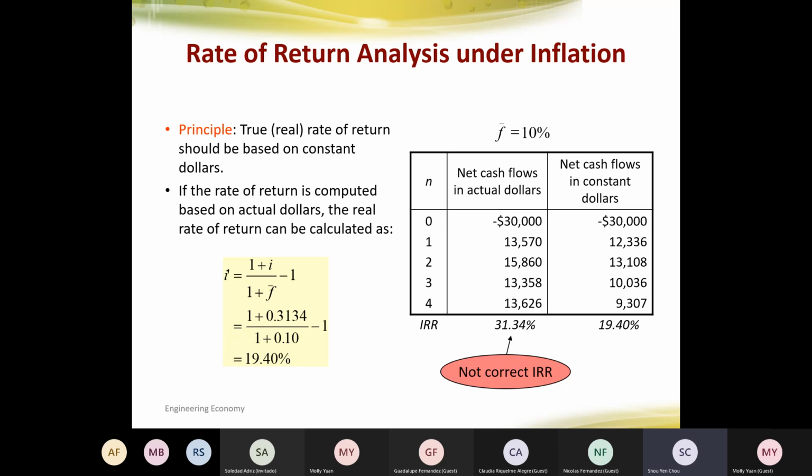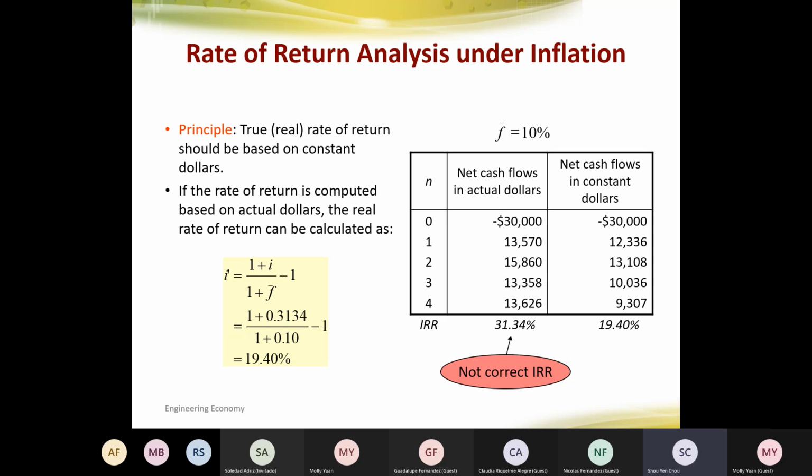For example, if we have net cash flow in actual dollars, right? These are the amounts that we see. And if we compute them, we find that their internal rate of return is more than 30%, 31.34%. Okay, it's not the true internal rate of return because these numbers are in actual dollars. They are not in constant dollars.